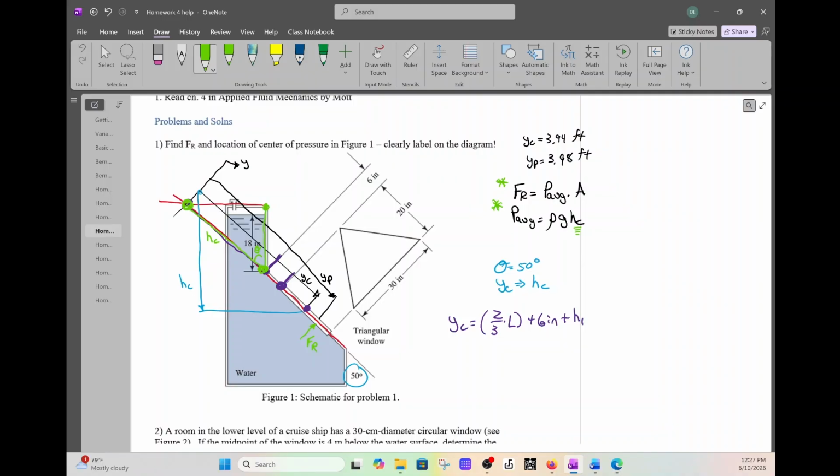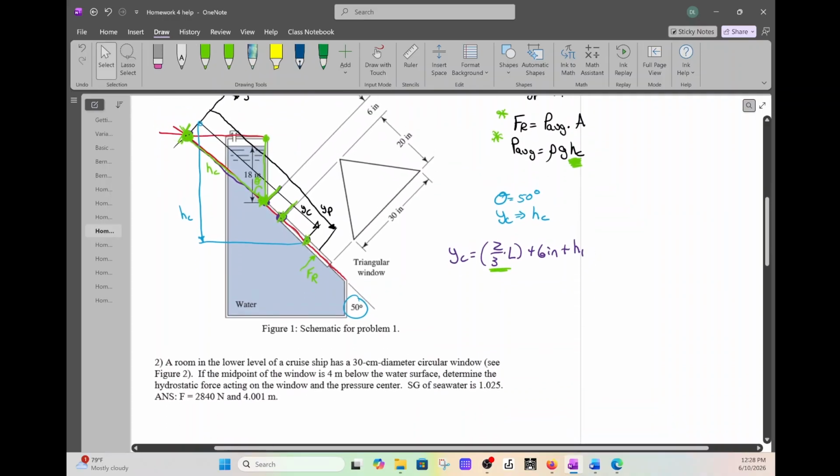We need to find out how far down YC is, which you do with trig using the 18 inches and theta. We know that this distance before the window is 6. And with a triangle, from this point to where the actual centroid would be is 2/3 times L, and L is 20 inches. Once you find that value, you can use trig again, and we can find HC.